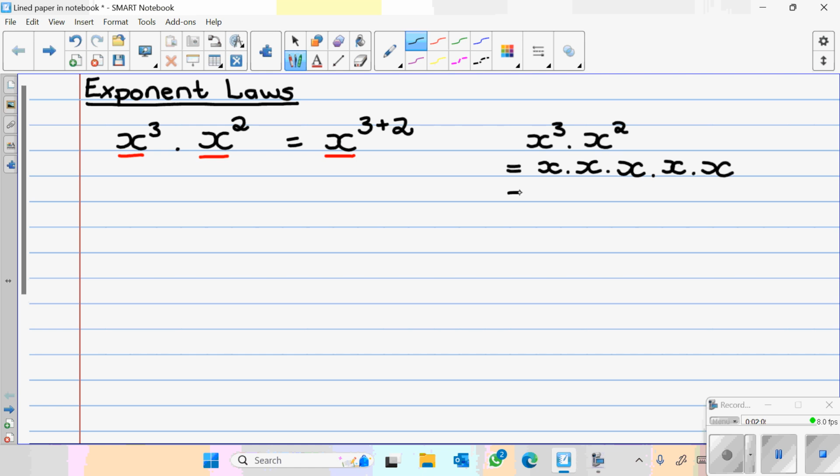Therefore, it gives us x, and now you say there is 1, 2, 3, 4, 5 x's. In other words, it is x to the power of 5.